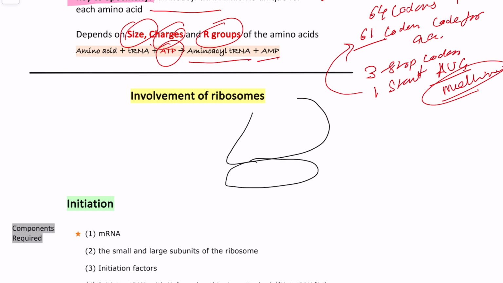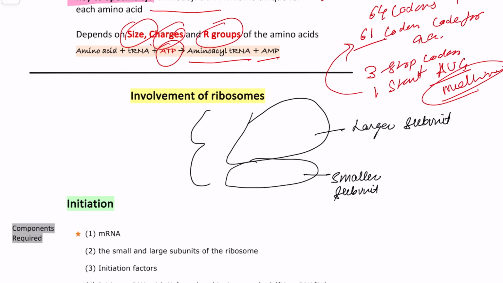So the structure is like this, which is given in most of the books, and if you can see, this is the smaller subunit and this one is the larger subunit, right?